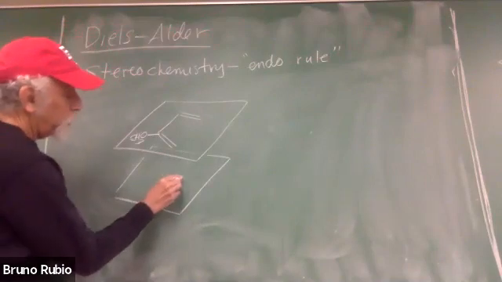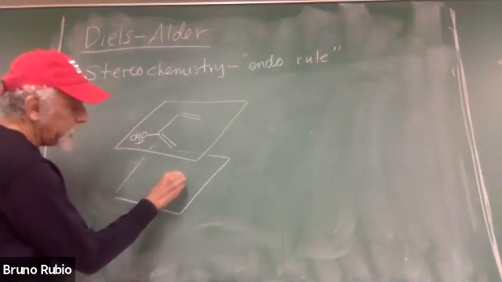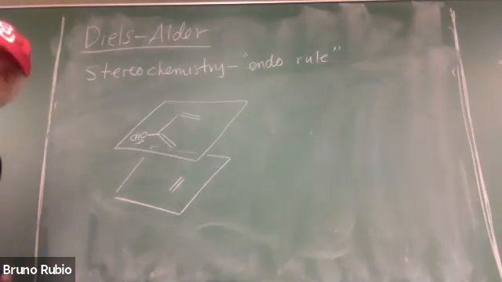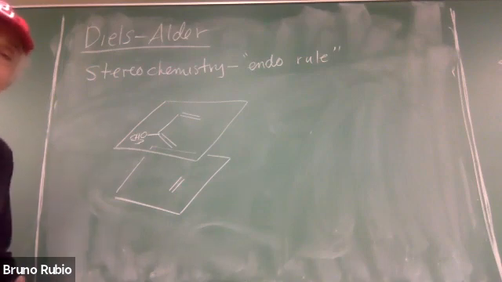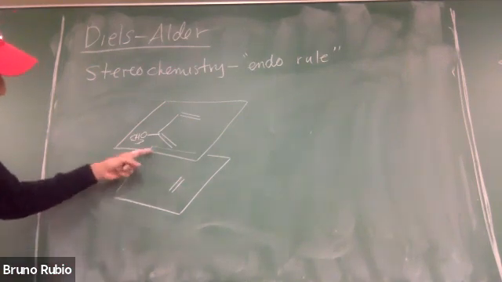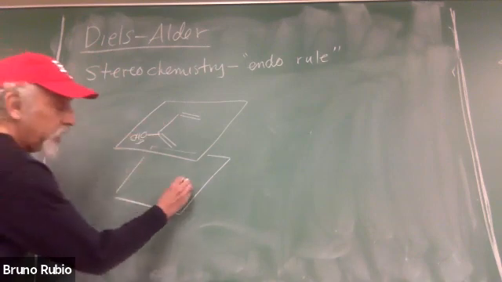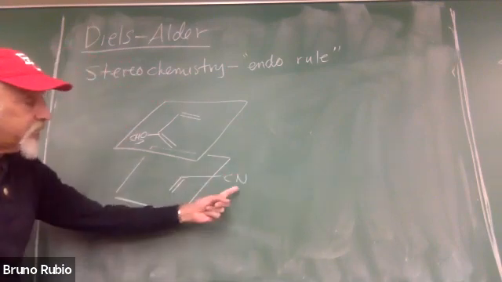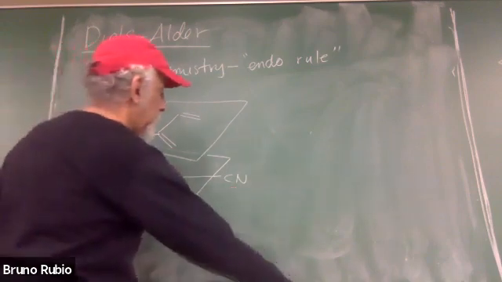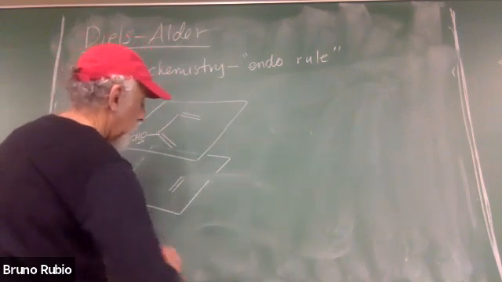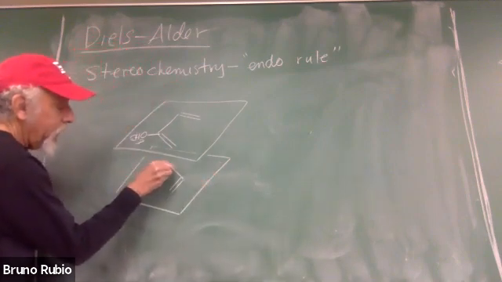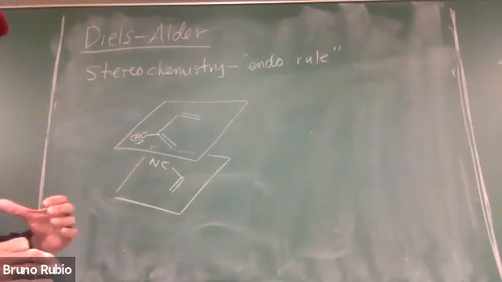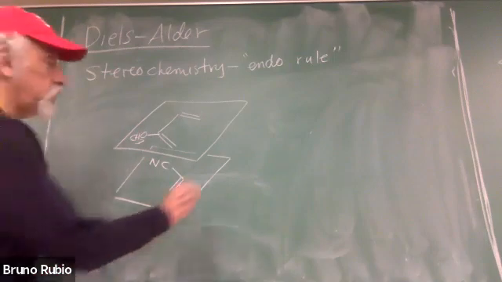Okay, so now I'm going to put the diene on this tabletop, but I'm going to put my electron withdrawing group, which in this case will be CN. I'm going to put him so that he is tucked under, right? So this is wrong. That's wrong, right? That's not tucked under. That's tucked under. Okay, and so this is the orientation that these two molecules must approach each other.